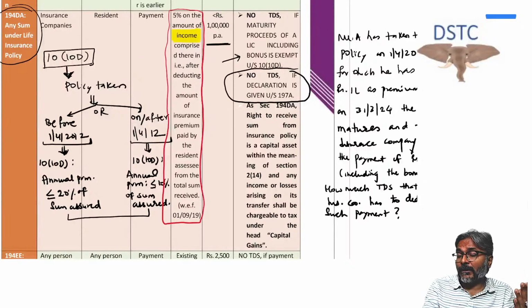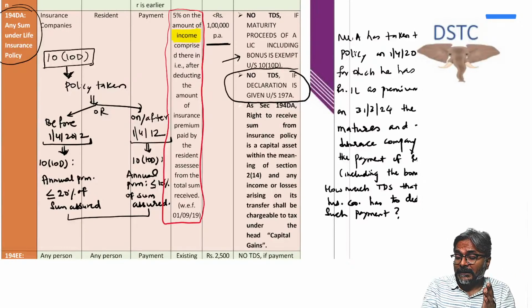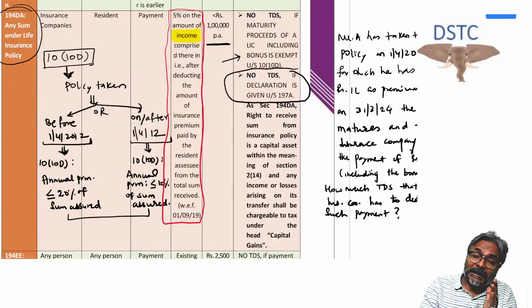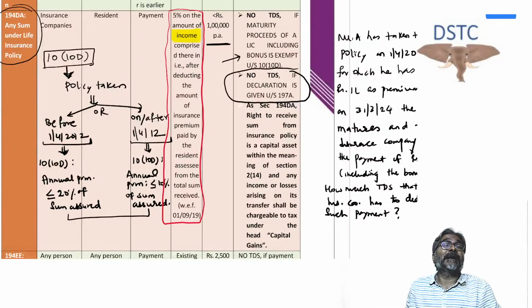So if they are in a position to obtain the certificate that the income which they will receive from the insurance company, if I consider that along with my other incomes, still I am within the basic exemption limit.